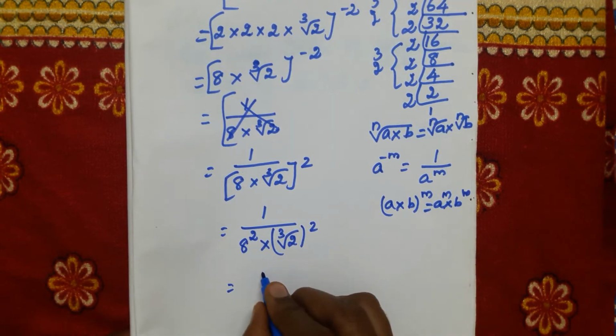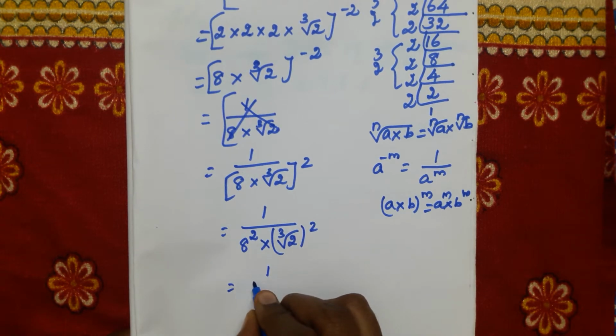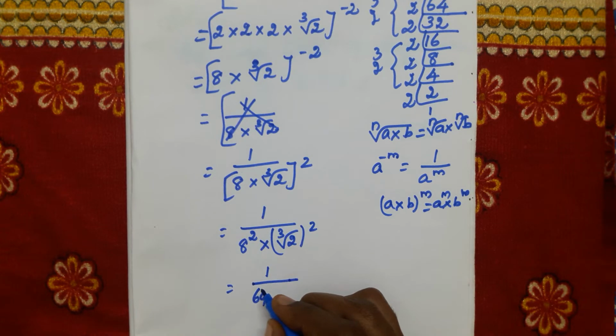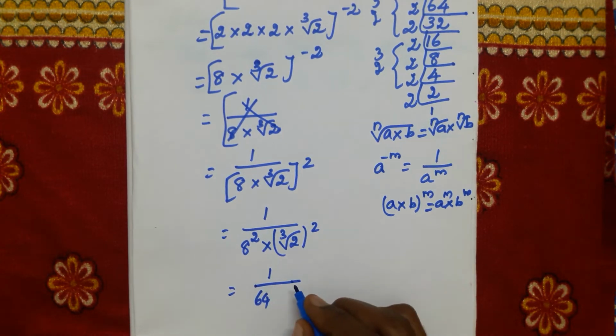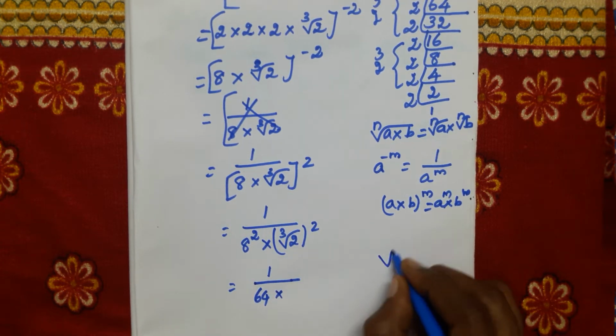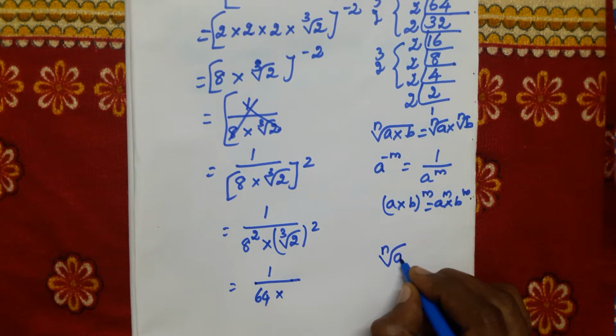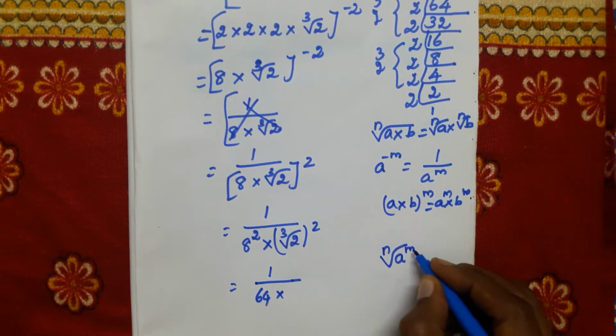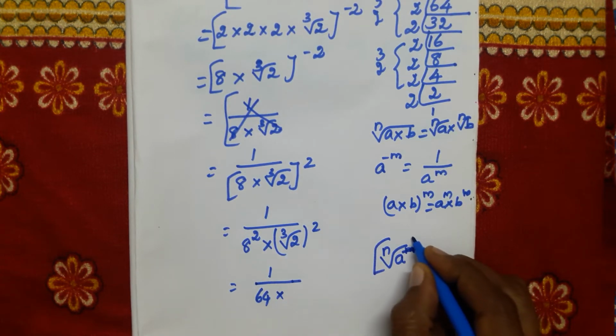It's equal to 1 by 8 square, which is 64. 8 square is equal to 64. Next, again we can use the law nth root of a power m is equal to nth root of a the whole power m.